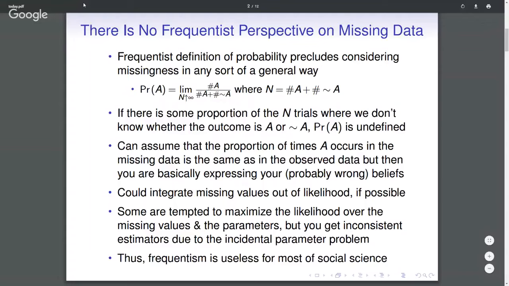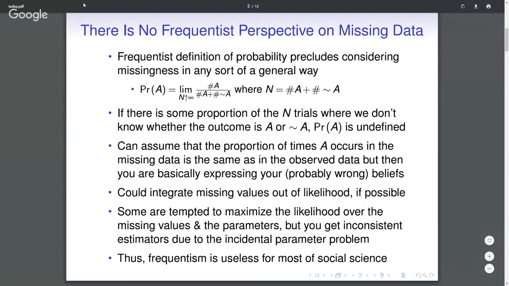So remember, the probability of event A occurring is defined from the frequentist perspective as the proportion of times that A occurs as the number of independent trials goes to infinity. So let's say A just has a binary sample space, 1 or 0.